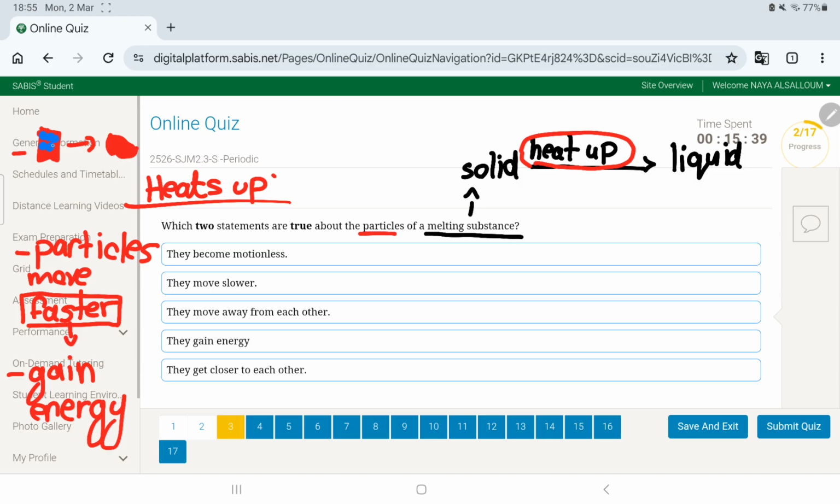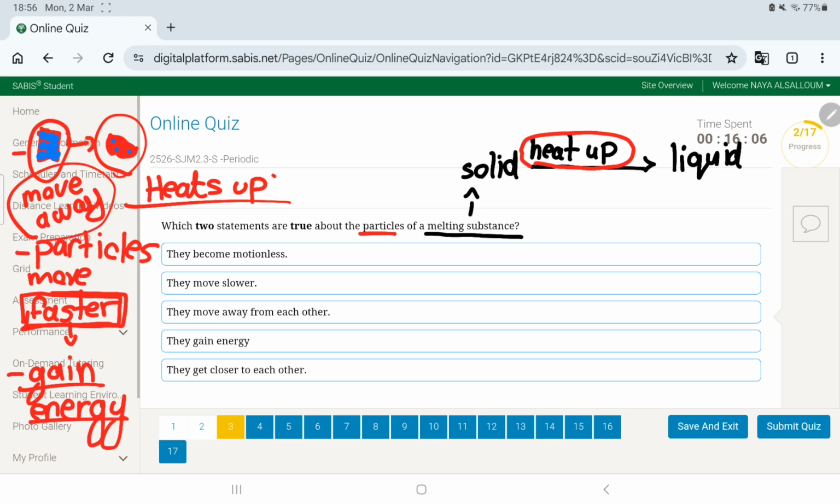Once again, what happens to the particles? They're moving farther away. Notice here the difference. Here they're so close, they can't even move. Here they're free. So the particles move away from each other. I'm just gonna write move away. Okay? So once again, when something heats up, the particles move away from each other and the particles move faster. And for something to move faster, it needs to gain energy.